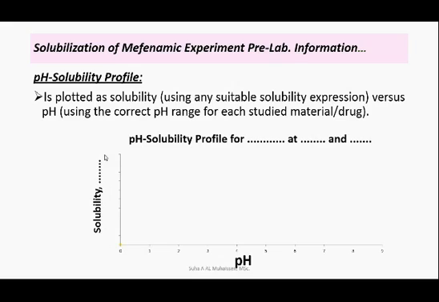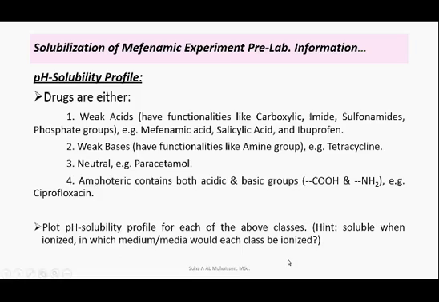This range should be equal to pKa plus or minus 3 to 4 units, and will be entitled as the pH solubility profile for this studied molecule or drug. And please mention here the conditions under which we are studying the solubility, for example, at certain temperature and pressure.